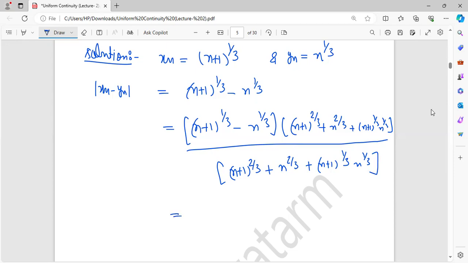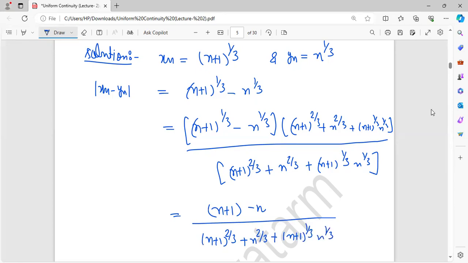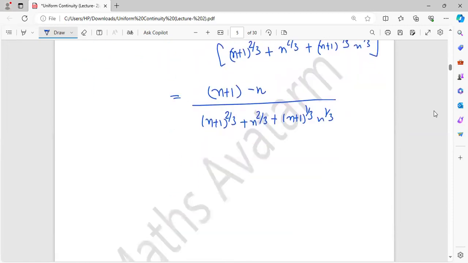So you will get n plus 1 minus n, which cancels out.